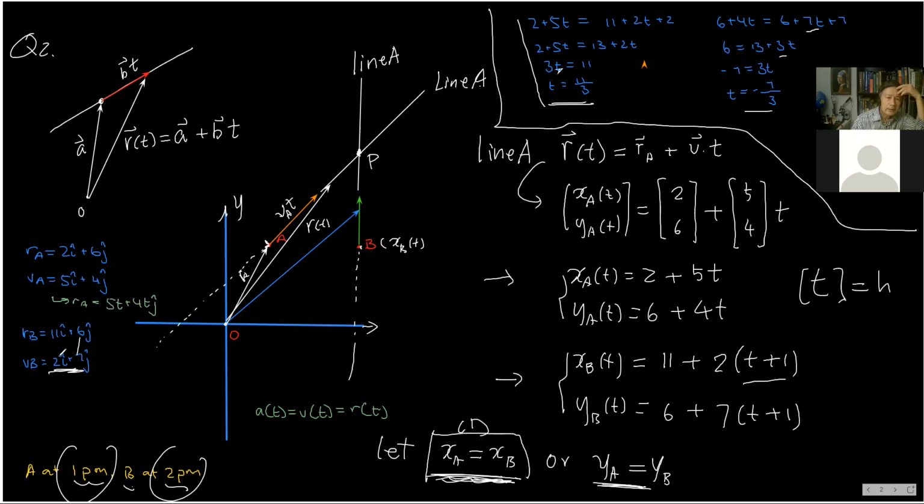Is that r? No, this is velocity, isn't it? This is velocity. This is r. If we integrate velocity, then we get displacement. No, I don't think that is the way to go.